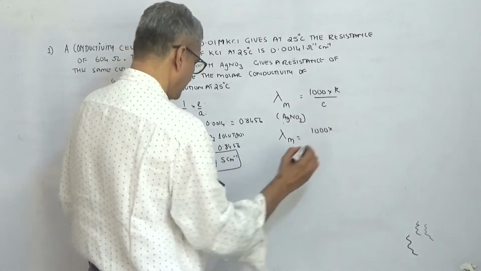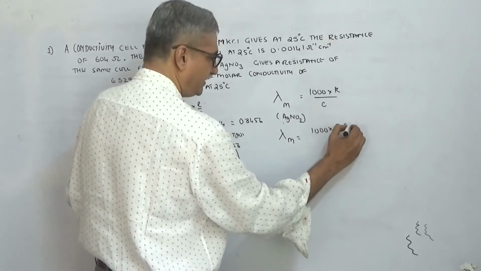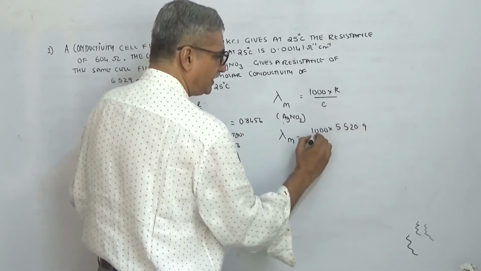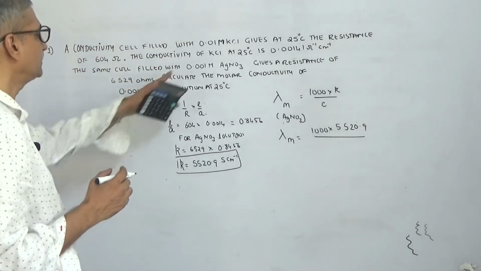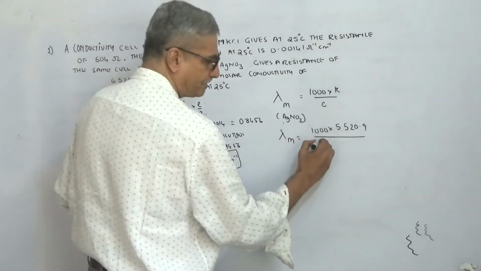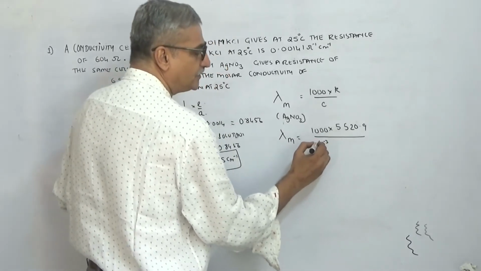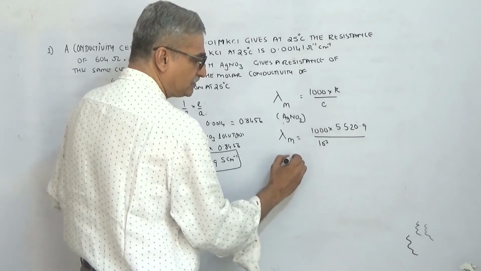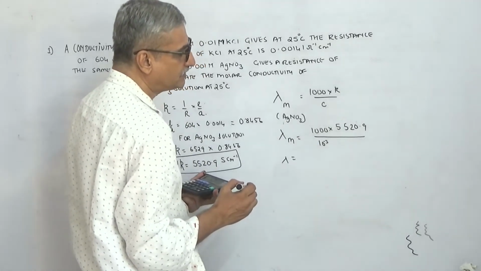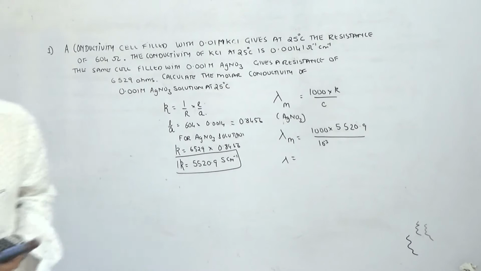We calculated over here, 5520.9, divided by C. What was the concentration? 10 raised to minus 3. So 10 raised to minus 3 will go up. So this will be quite a big number. Is this clear? We'll check.